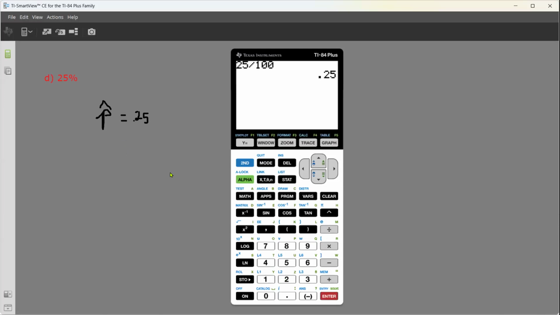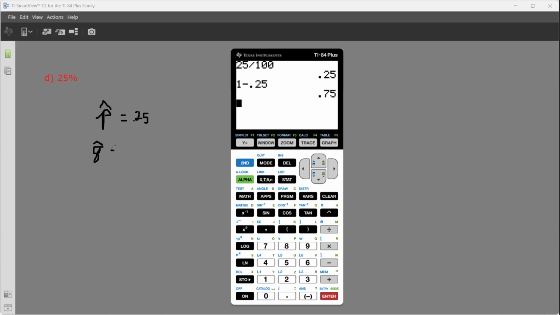Now q hat, as we've said, is 1 minus p hat. So 1 minus 0.25, and that will give you 0.75. So if you assign p hat as 0.25, then q hat will be 0.75 because it will be the complement of p hat.